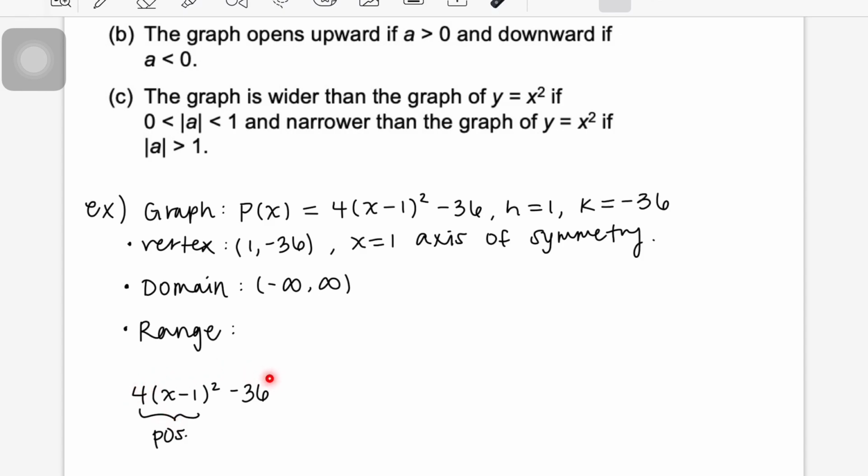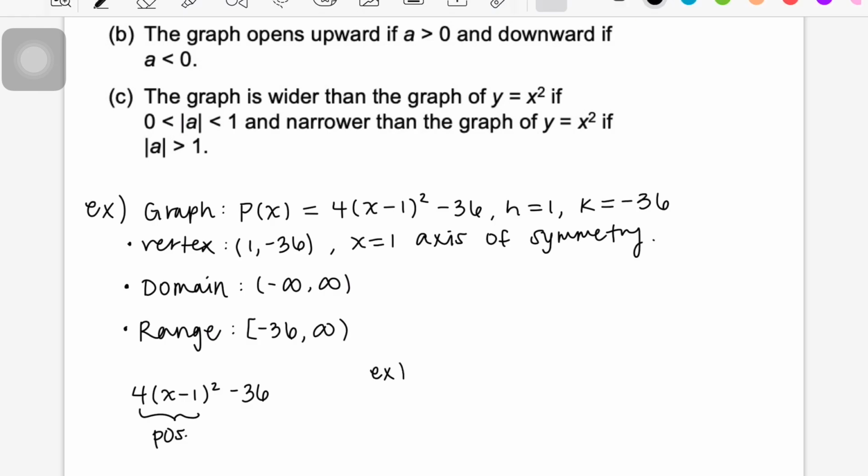And so the smallest value that we'll output from this function is if we were to plug in 1 here. We would get 4 times 0, and so our smallest output would be minus 36. That's the smallest possible value we can get.